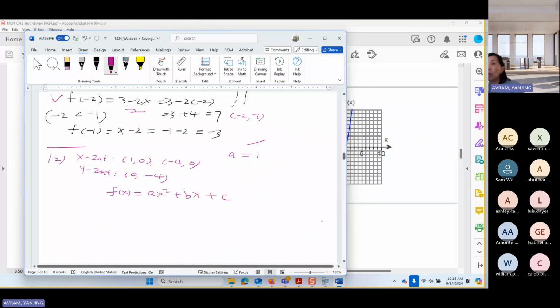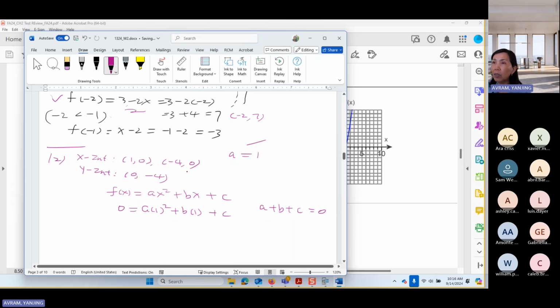I'm going to set up the 3 equations and then find the A, B, C. My x-intercept means y is 0, and then x will be equal to 1. So this will be a times 1 squared plus b times 1 plus c, or just a plus b plus c equal to 0. 1 squared is 1, so I already have a first equation.